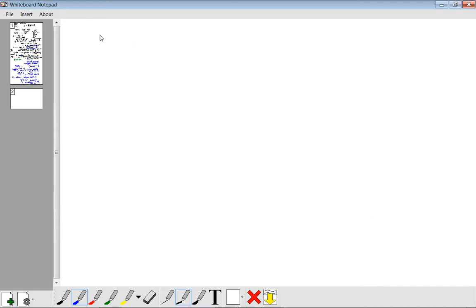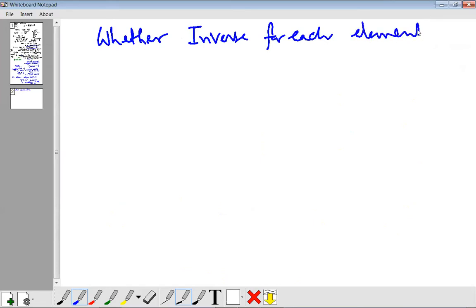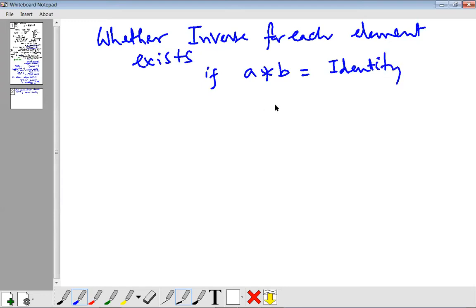That means whether an inverse for each element exists. So what does it mean? If A star B equals whatever the identity is, then A and B are inverse to each other.